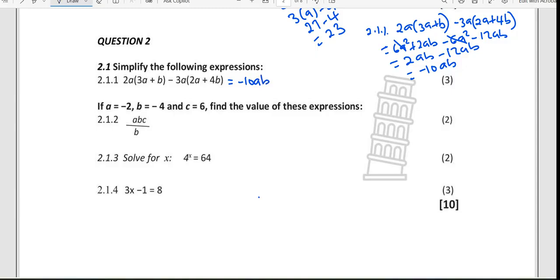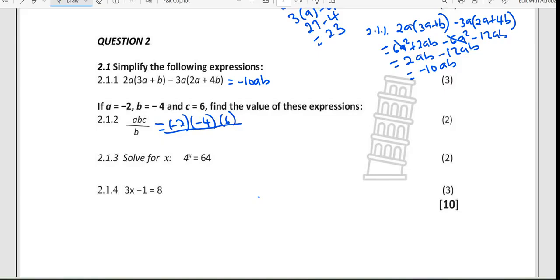If A is negative 2, B is negative 4, and C is 6, find the value of this expression. This is simple, guys. Where there is A, I am going to put negative 2. Where there is B, I'm going to put negative 4. Where there is C, I'm going to put 6.